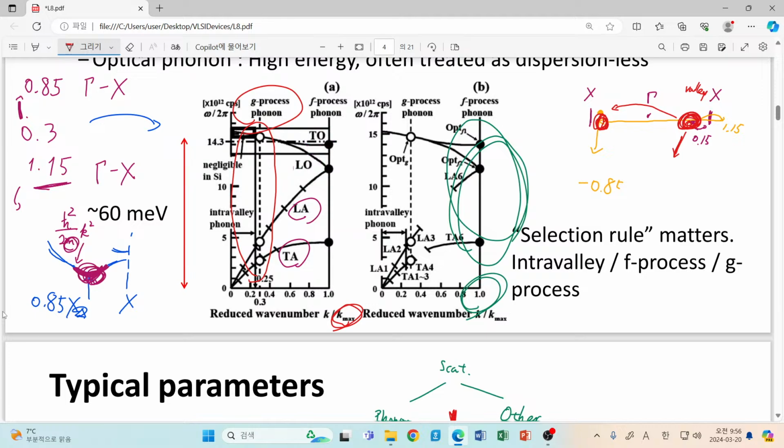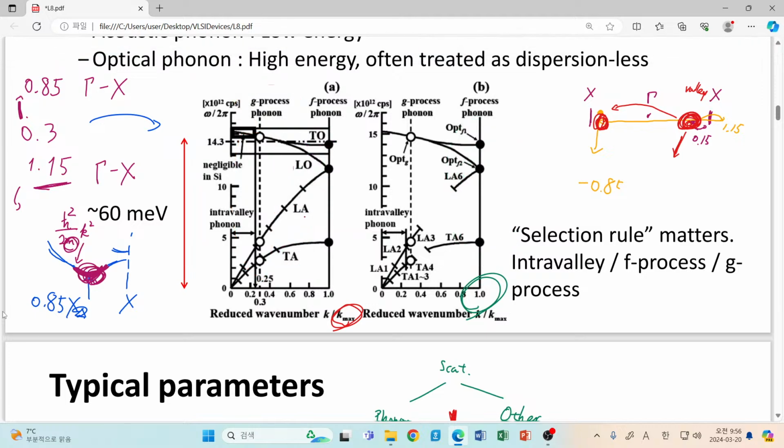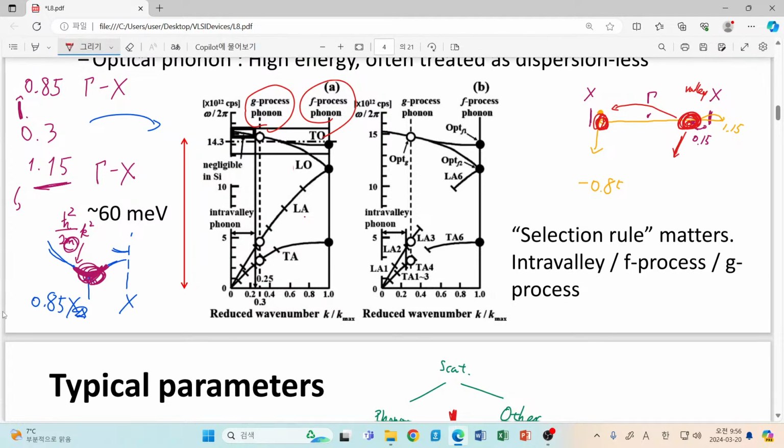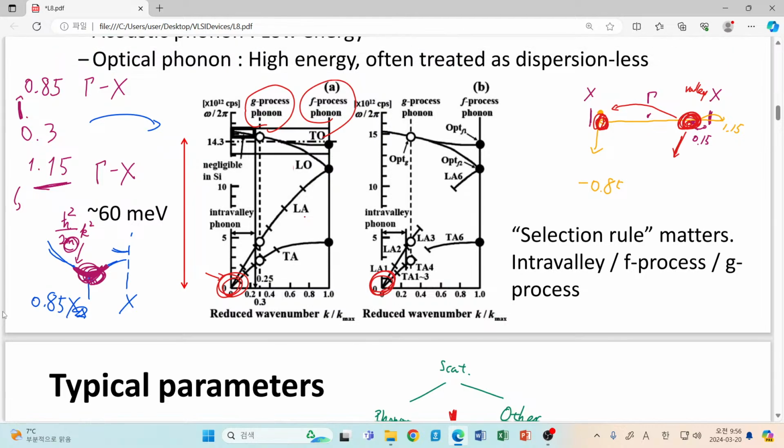Yes, we can find G-type phonon, F-type phonon, but where can you find the phonon whose energy relaxation is almost 0? Yes, you can find it somewhere here. In this case, they have almost 0 energy, and they have quite small k values.